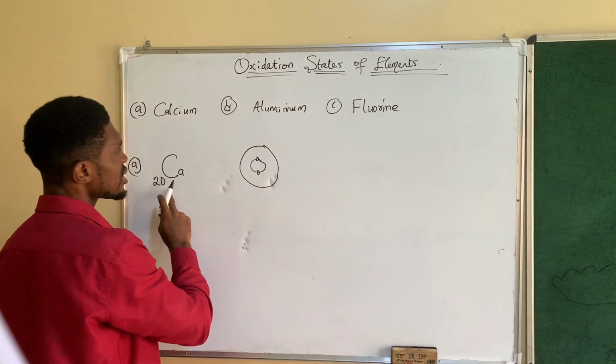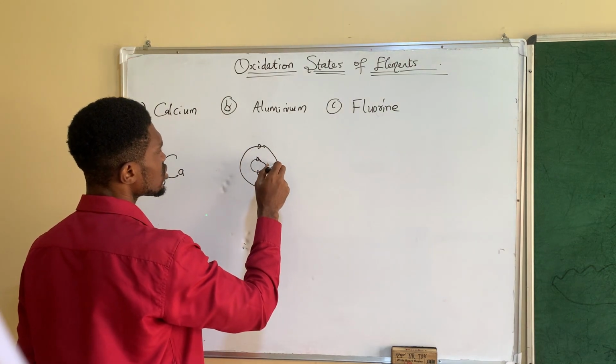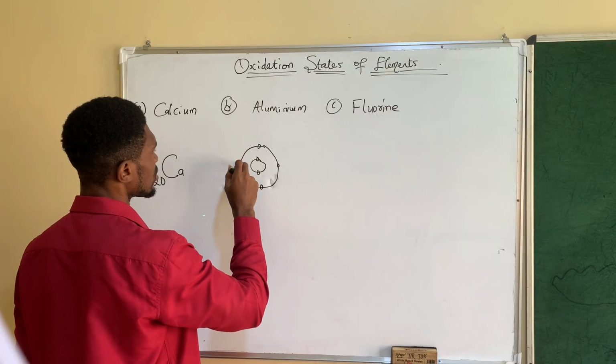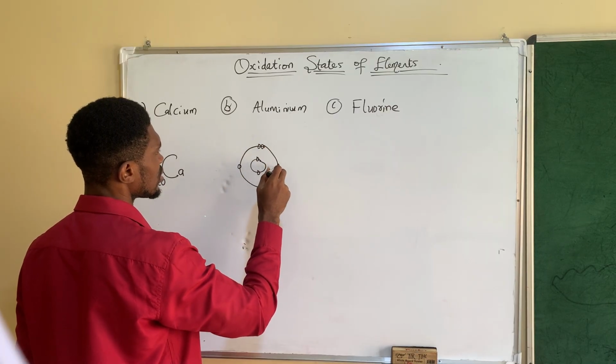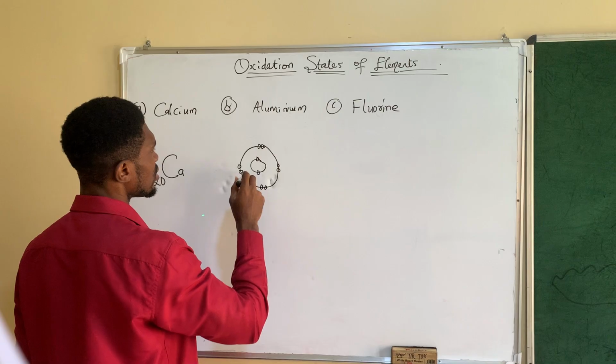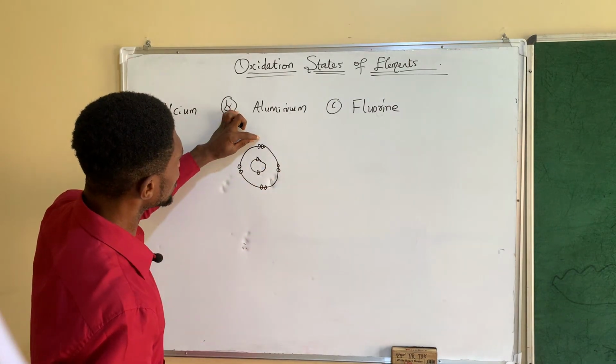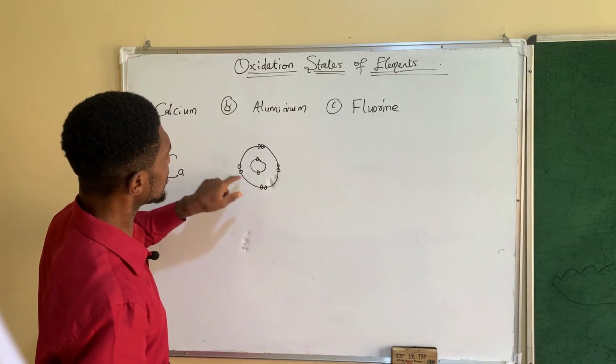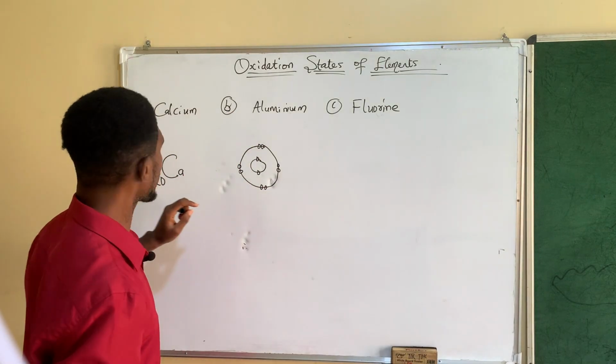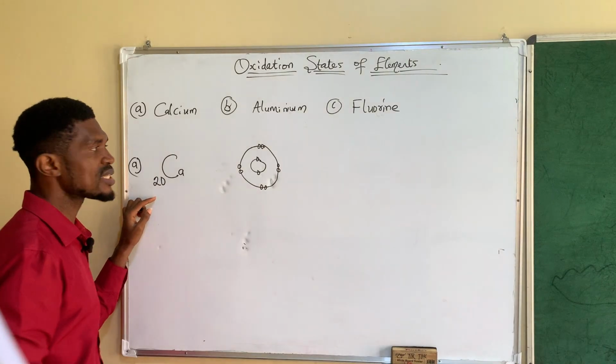But we're going to 20, right? So I've only drawn 2. The second shell will have pairing of electrons: 2, 4, 6, 8, plus 2 inside, making 10. We are still not up to 20.